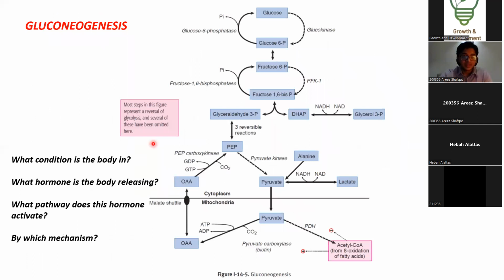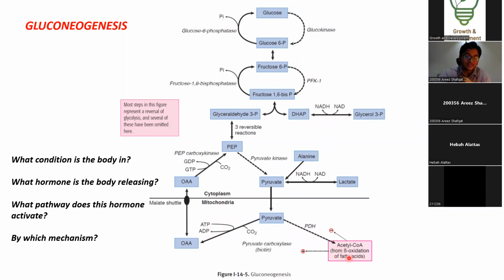Now, let's move on to gluconeogenesis. Not much you need to know here. Just remember that gluconeogenesis requires energy. So you're using ATP and you're using GTP. Because gluconeogenesis requires energy, you need to get this energy from somewhere. Where do you get this energy from?